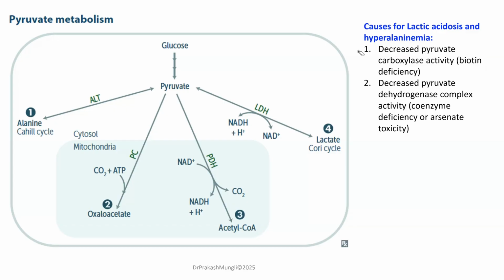If that is what is there along with lactic acidosis and hyperalaninemia, then your answer will be pyruvate dehydrogenase, not pyruvate carboxylase. Or if there is any other vitamin deficiency like thiamine deficiency, riboflavin, niacin, pantothenate, they are all required for pyruvate dehydrogenase, not pyruvate carboxylase. So your direction is to go into pyruvate dehydrogenase.